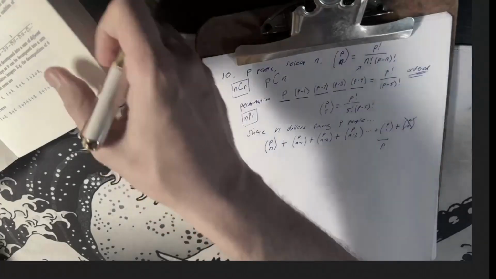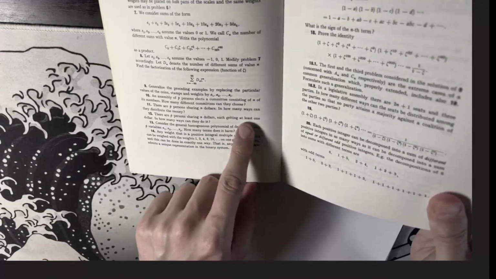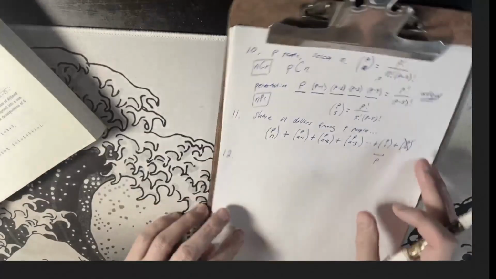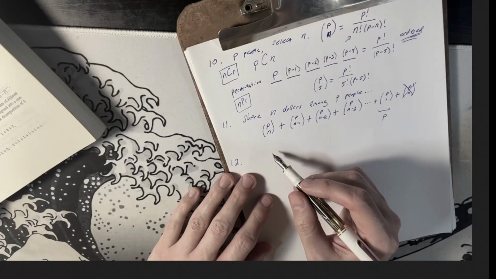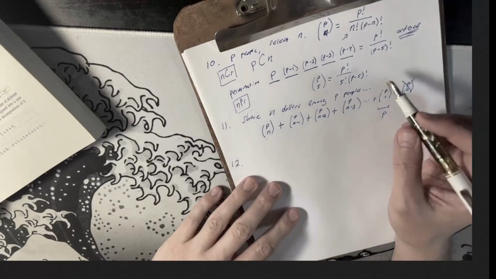It says there are P people. 12 was P people sharing N dollars, but I want each one to get at least $1. How many ways can you do that? That's a little different. There are P people sharing N dollars. My issue is here.